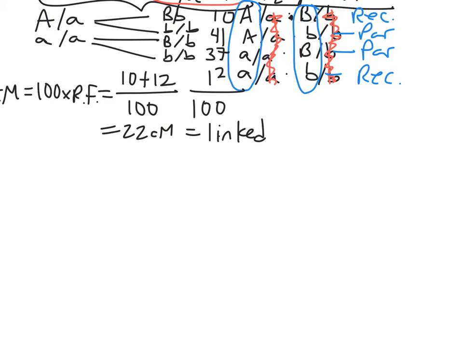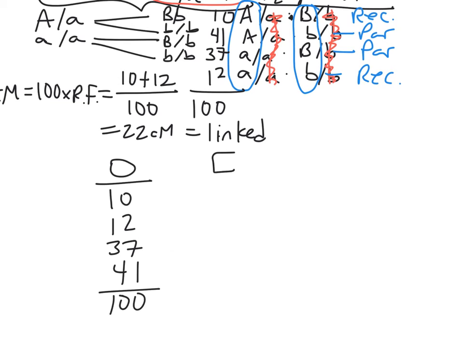So how do we do the chi-square analysis here? We've got observed values that sum to 100. What would we have expected to see? How many of each of these 4 different genotypes would we have expected to see under the assumption that they're unlinked, or that they assort independently?